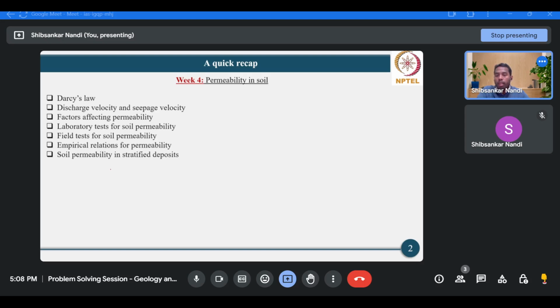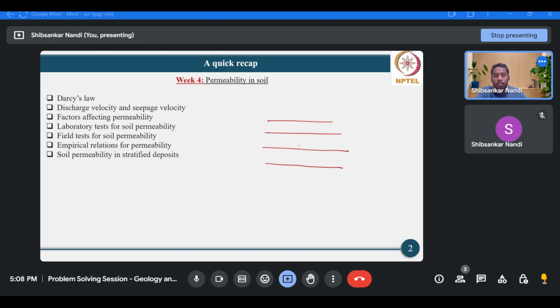And lastly, at the end of this week, we have learned the concept of equivalent permeability in the case of stratified deposit. Initially we started discussing the concept of permeability in a homogeneous soil, but the most feasible case in the real scenario is a deposit where the soil is deposited in a layered fashion.